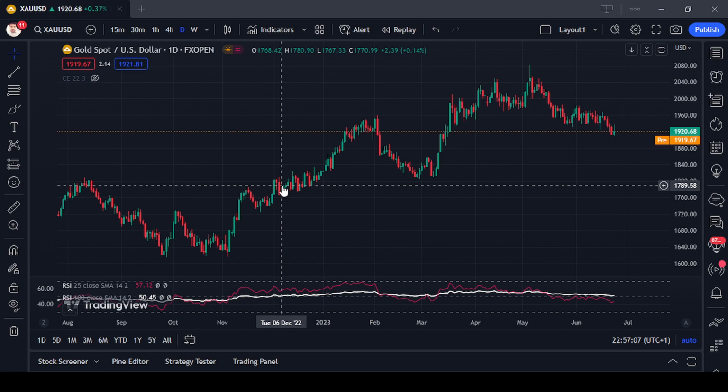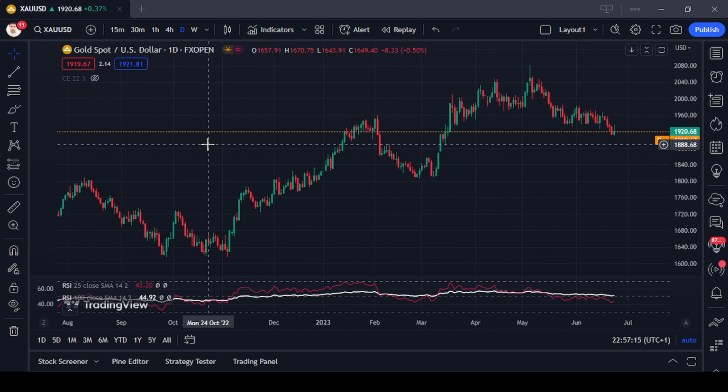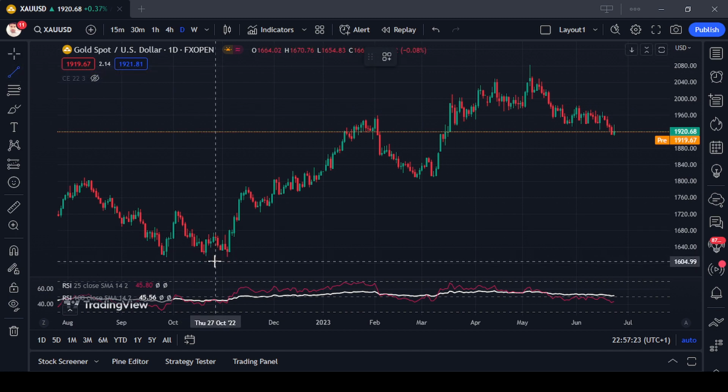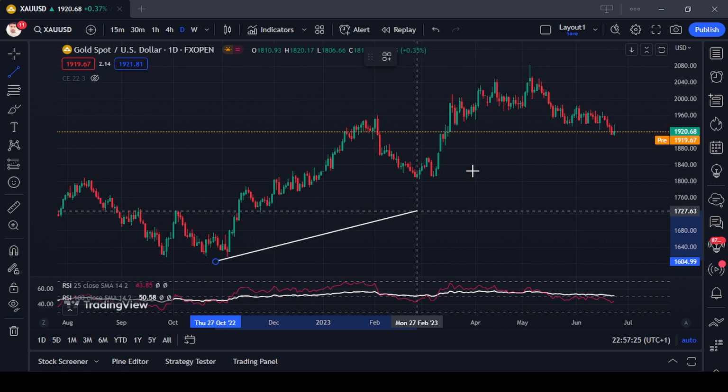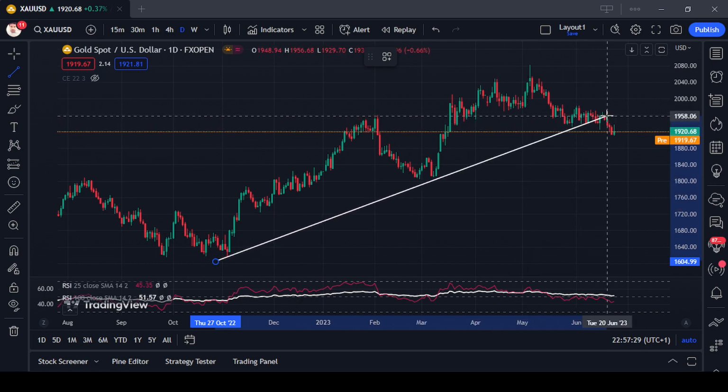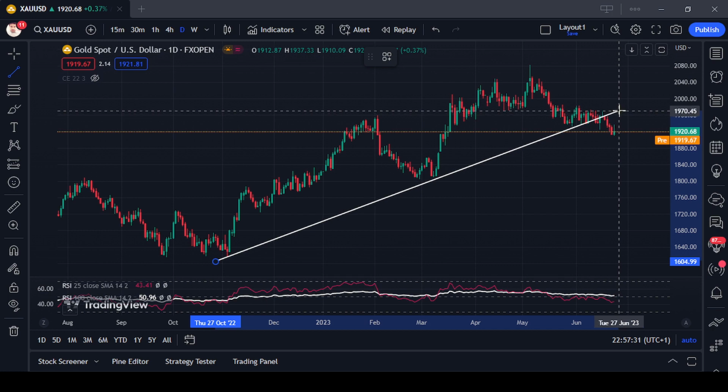So the first step, I will tell you, is that you have to see the bigger time frame, which is the daily candle. First we will see the chart in our daily time frame, and you have to draw the trend line. Where was the gold moving before?